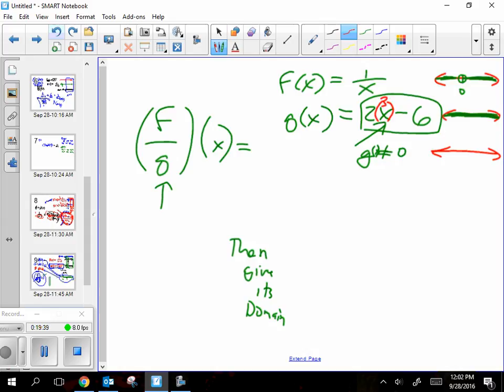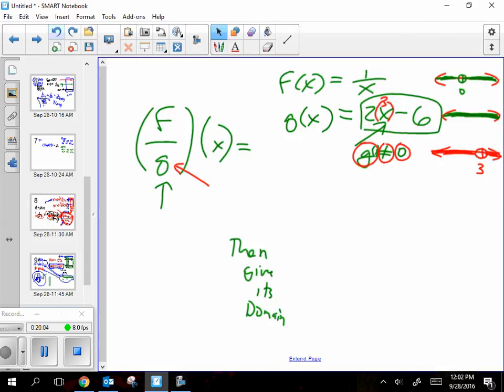X equaling 3 would cause g of x to be 0. So 3 is a problem. Why? Because 3 would make the function 0, and the 0 can't be there. Therefore, 3 is not allowed. So now I got to see, where else is it allowed? Everywhere else. This number line is only about what makes g of x not equal to 0.